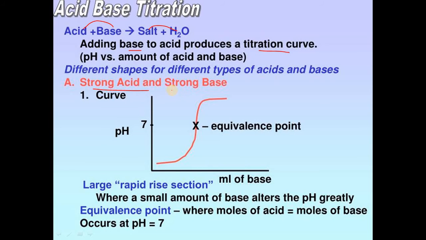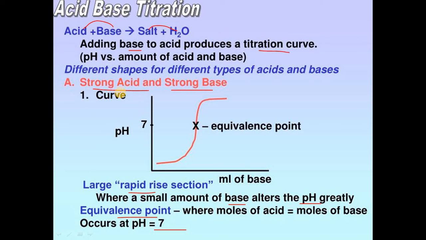When a strong acid reacts with a strong base, we get this neutralization curve. A large rapid rise section takes place where a small amount of base alters the pH greatly. The equivalence point, where moles of acid equal moles of base, occurs at a pH near about 7.